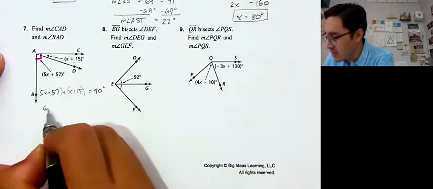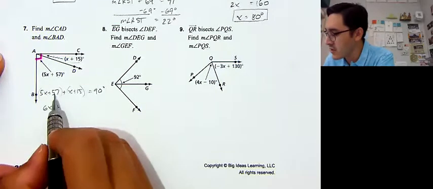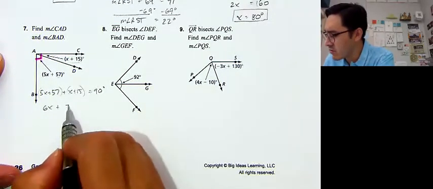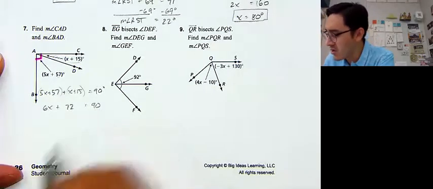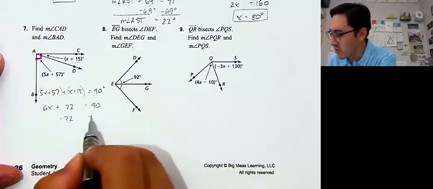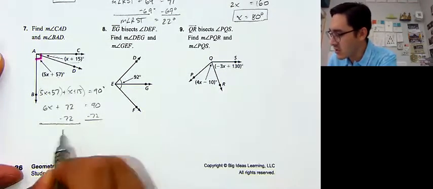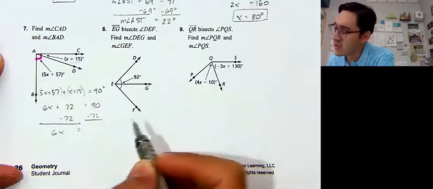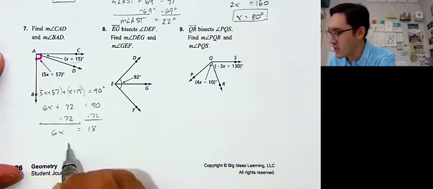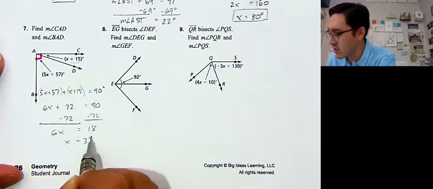That's going to be 6x plus 72 equals 90. We'll subtract 72 from both sides. So 6x equals 18, and then divide by 6, so x equals 3 degrees.